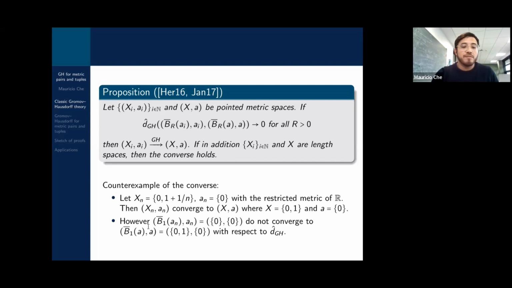However, if we look at the unit balls around the distinguished point 0 in the elements of the sequence, since we are considering the restricted distance, these balls only contain the center, I mean, only contain the 0. Whereas the unit ball in the limit is the set {0, 1}. And clearly, this constant sequence 0, 0 does not converge to this. So this is a silly example of why we need the length condition.